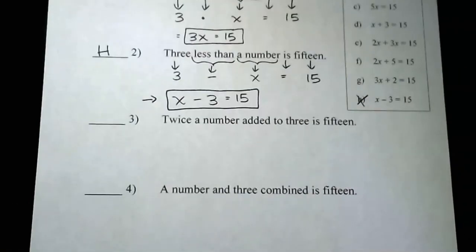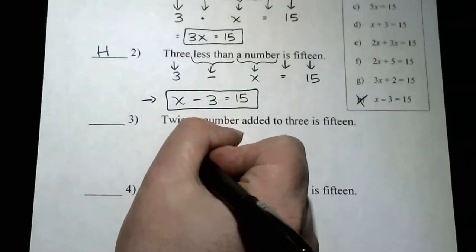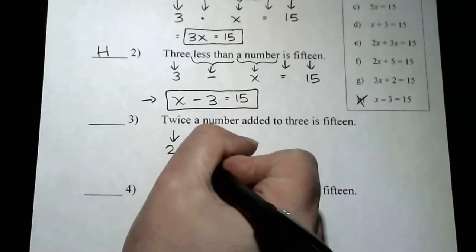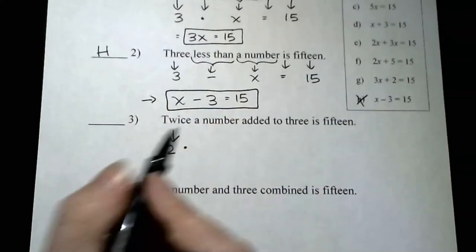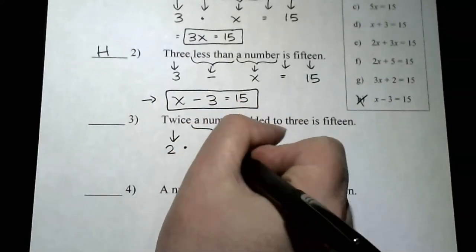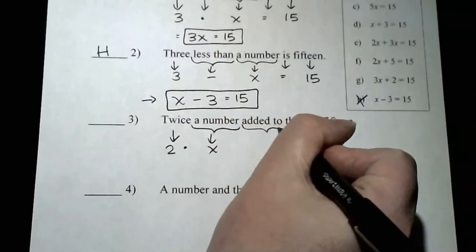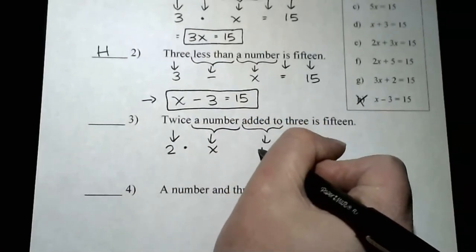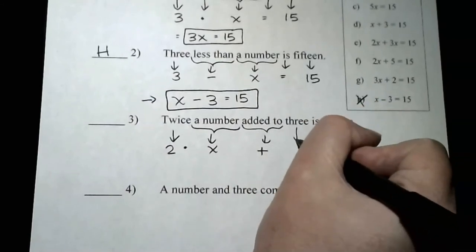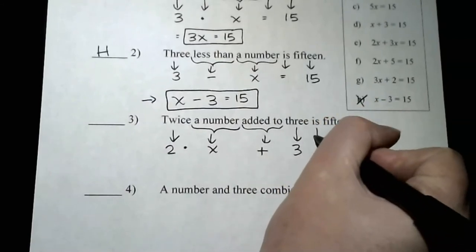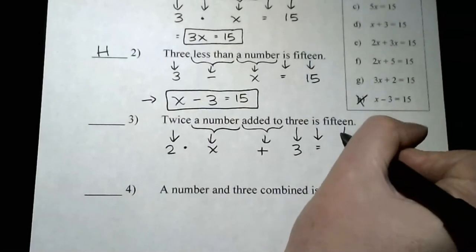Number 3 says twice a number added to 3 is 15. So twice means times 2, a number x, added to, plus 3, is 15.